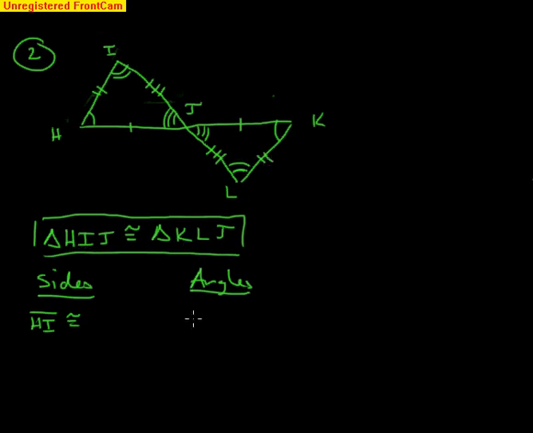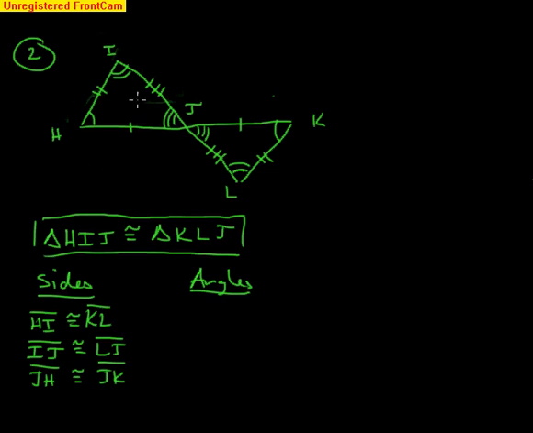We follow the right order, HI, KL. Keep going down the line. Segment IJ should be congruent to LJ. IJ has 3, LJ has 3. And then segment JH is congruent to segment JK, just using the congruence statement. JH has 1, JK has 1.